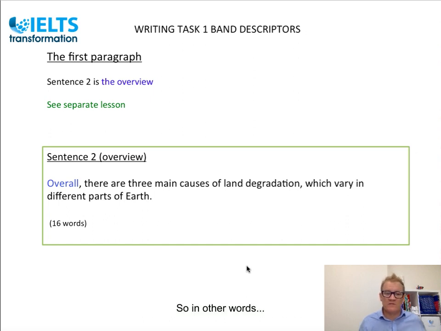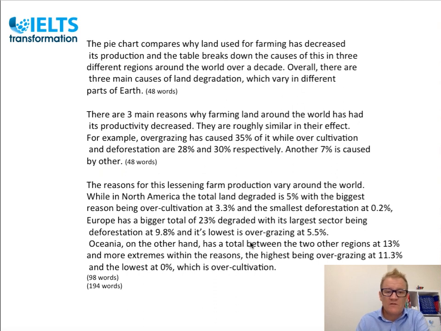So in other words, there are 3 main ones, but then these are different in different parts of the world, which is what that pie chart and table show. Okey-doke.